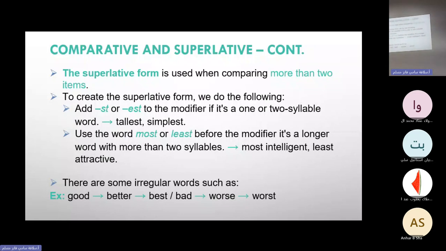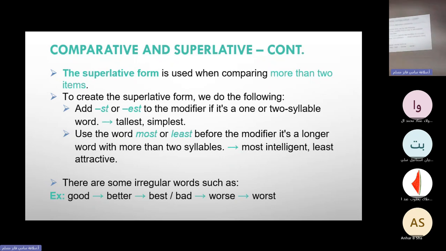The superlative, on the other hand, compares one thing with a large group, with everyone. Okay? So we use EST or ST, and we use most or least. I am the tallest. Okay? I am more intelligent than the rest of the world, for example. Okay?